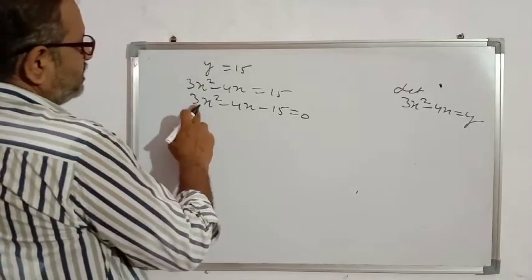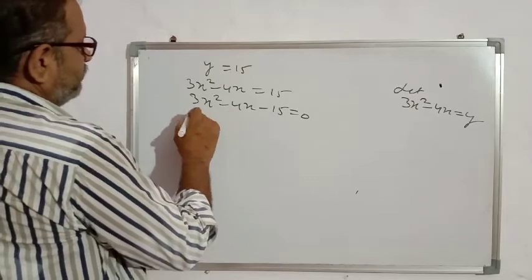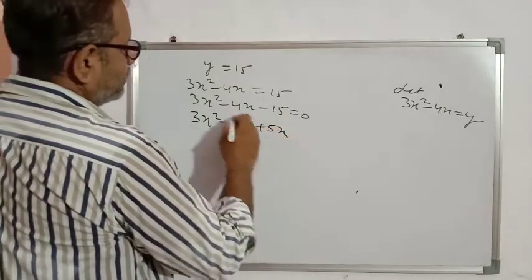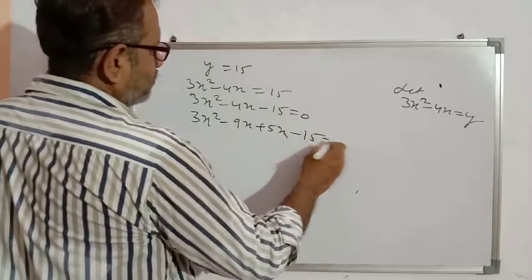Factorize it. 15 times 3 is 45, and 9 times 5 is 45. So 3x square minus 9x plus 5x minus 15 is equal to 0.